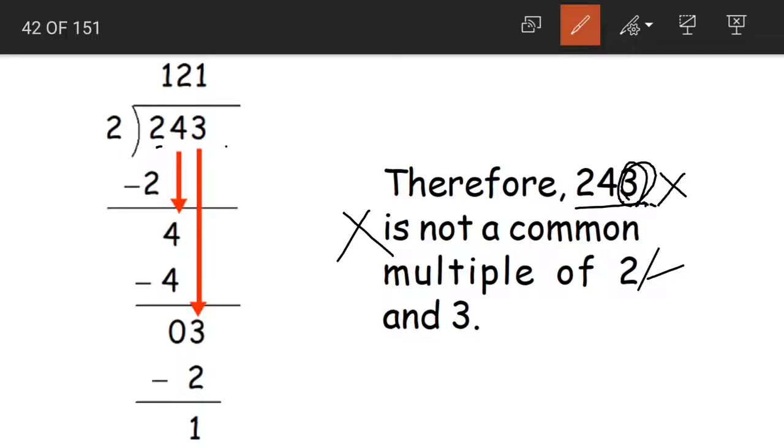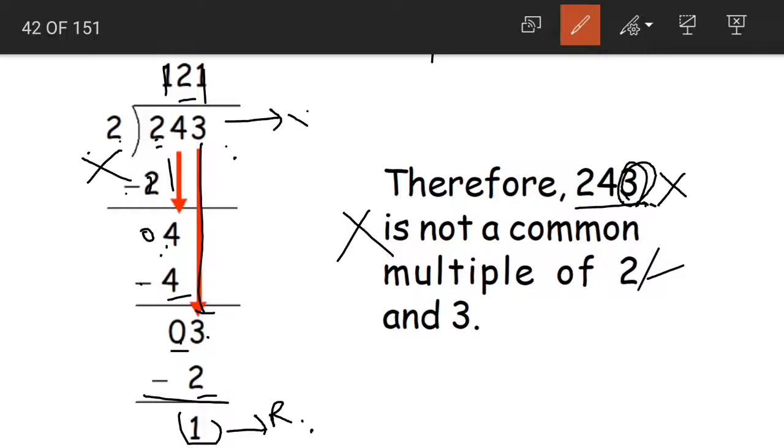See, 243 divided by 2. 2 ones are 2. When we subtract 0, 4 brought down. 2 twos are 4. When we subtract 0 is remaining. 3 brought down. 2 ones are 2. When we subtract 1 is our remainder. So 1 is a remainder means what? 243 is not divisible by 2.